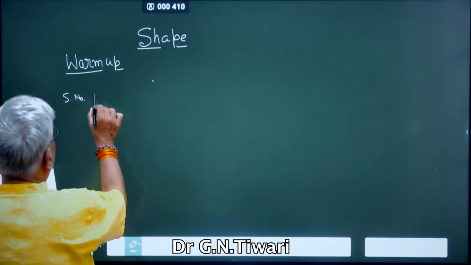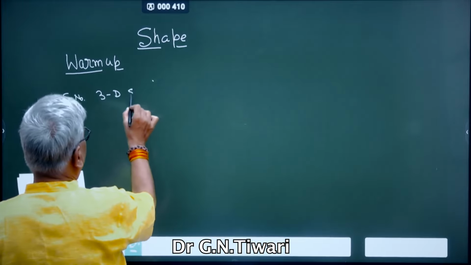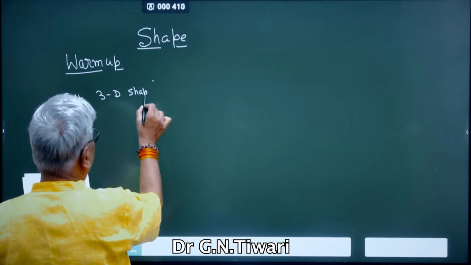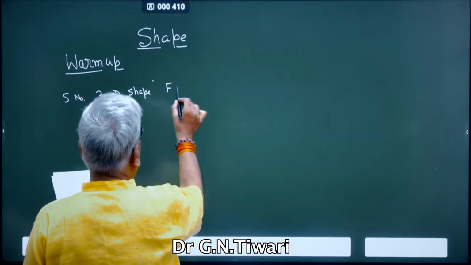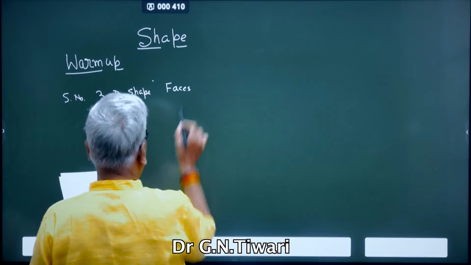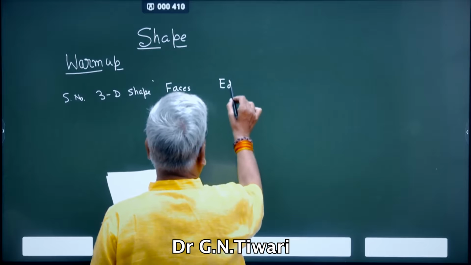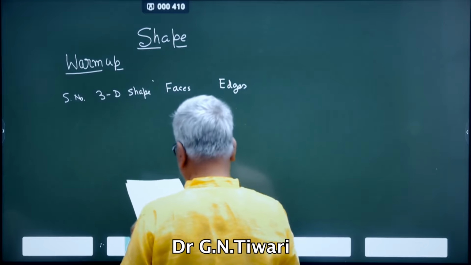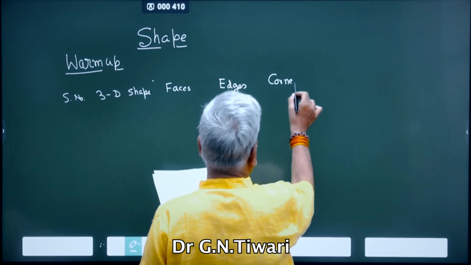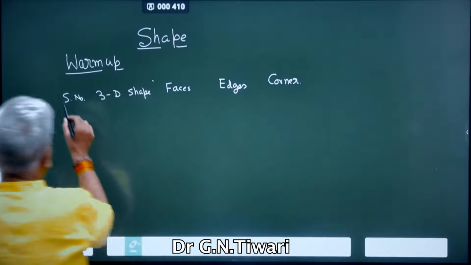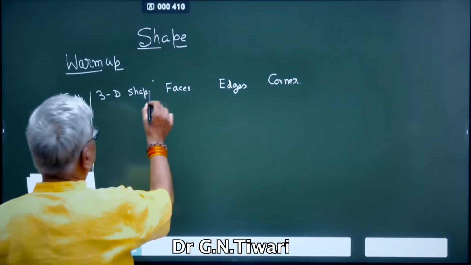And I'm putting the 3D shape. I'll only take the name because the picture I have already made. And I have to just write faces, I will explain. Then edges, E-D-G-E-S, and corners. I will explain corner. Prepare a table for that.